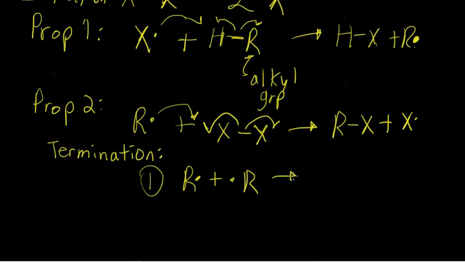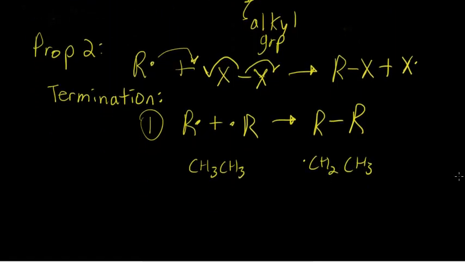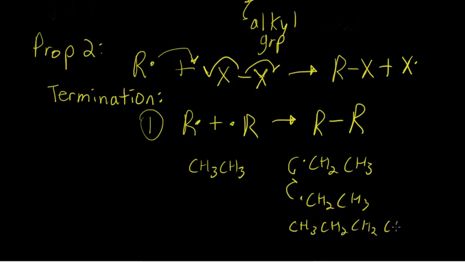They could combine to form this alkane. So say the alkane that initially was starting was ethane, for example, right? The ethyl radical will look like this, and if you have another one, they'll combine and you'll get butane, right? And this is just what R bonded to R means.